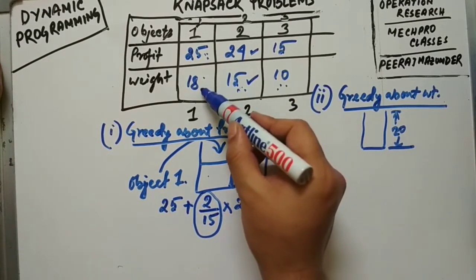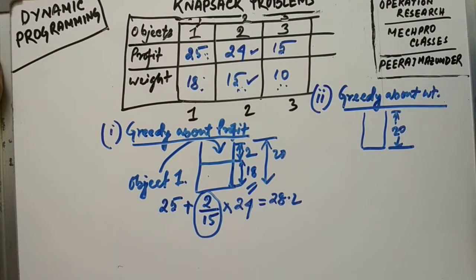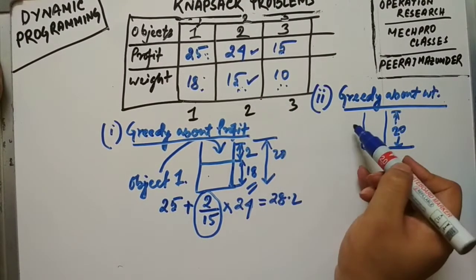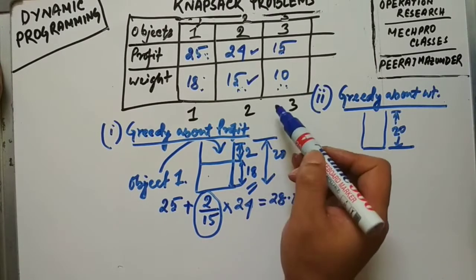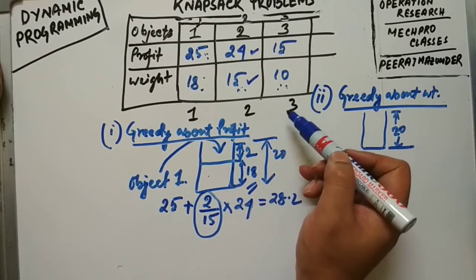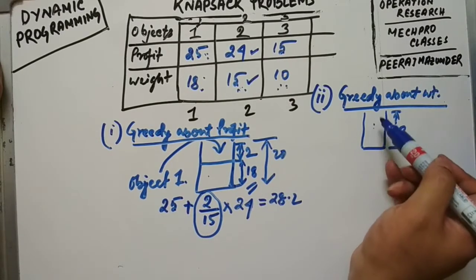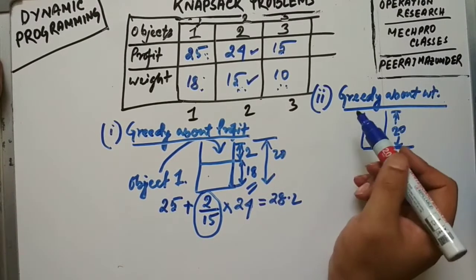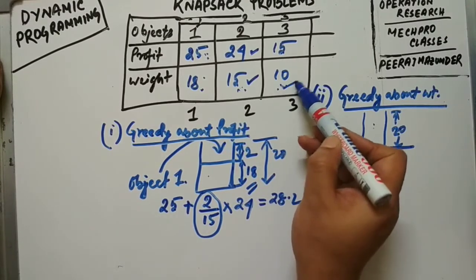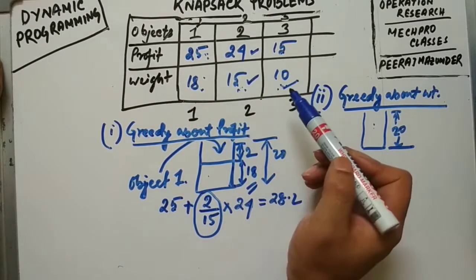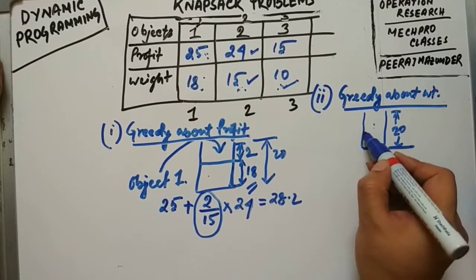If you fill the heavier one, it will be much more difficult to fill many items in this bag. So we start from the minimum weight, which helps us accommodate as many items as possible in this knapsack. The minimum weight is 10 in this matrix, and the corresponding object is 3, so we will fill with object 3.